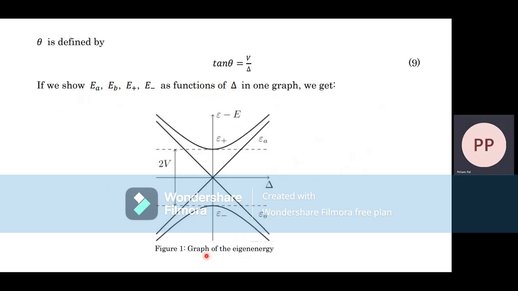So this is the graph for the energy eigenvalues. As I already told you, E plus will lie here and E minus will lie here. This is the graphical representation.